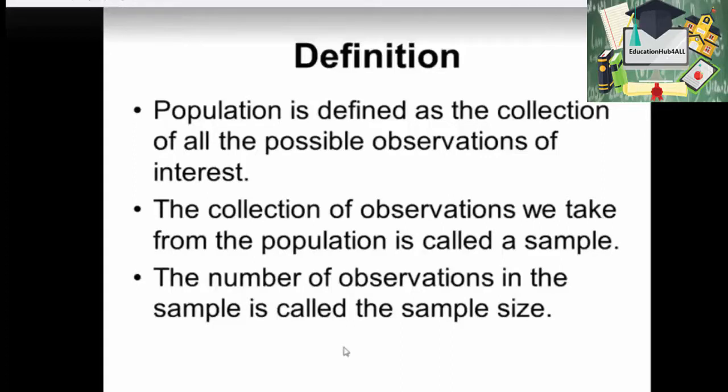So the population we can treat as having an infinite number of individuals. Okay. So a sample is just a limited number of individuals in this box. And the number we have here, we can call it the sample size.